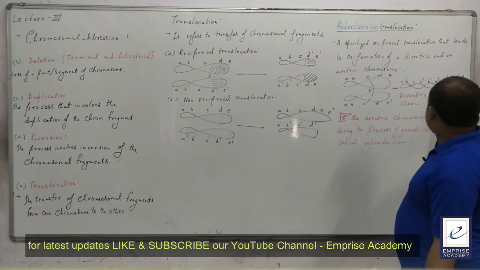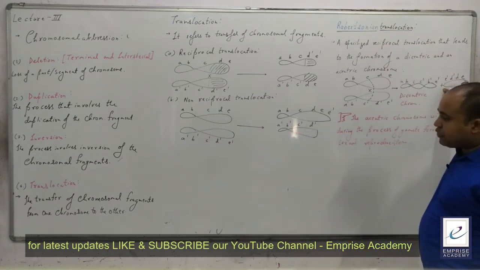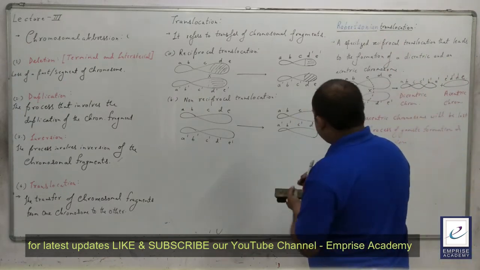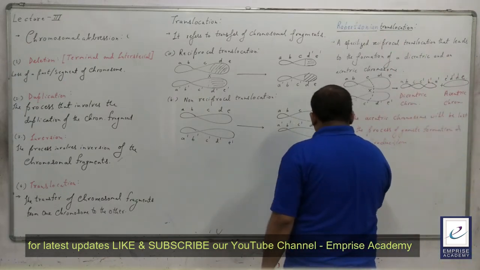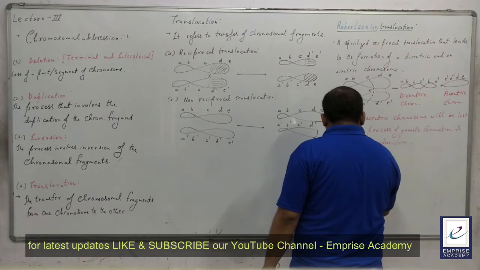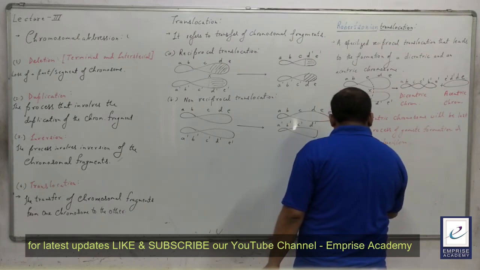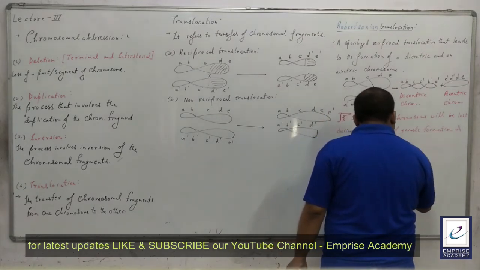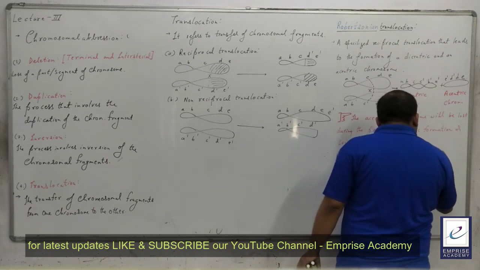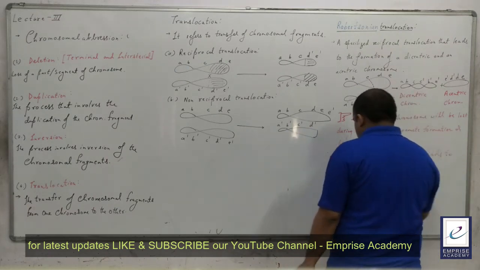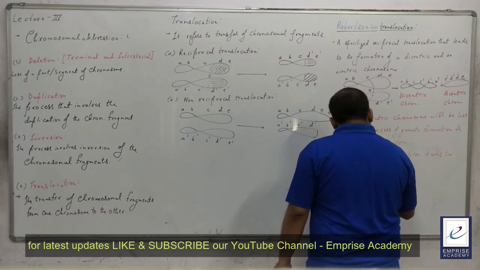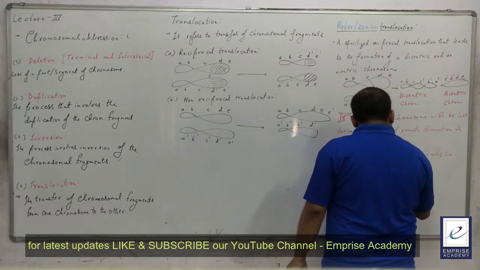So there is a loss of a very large fragment of chromosome, and such type of translocation is referred to as Robertsonian translocation. Hence, Robertsonian translocation leads to a loss of the major fragment of a chromosome.